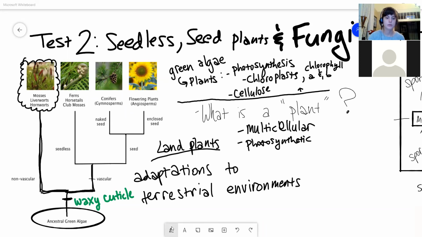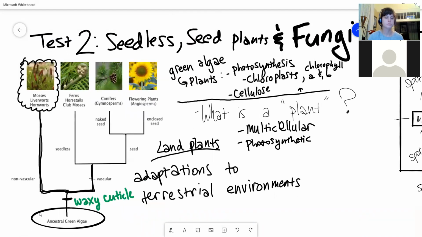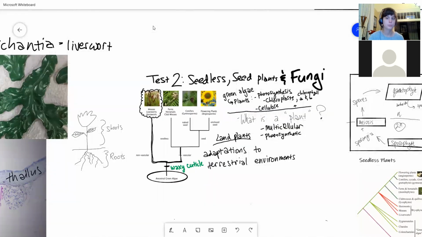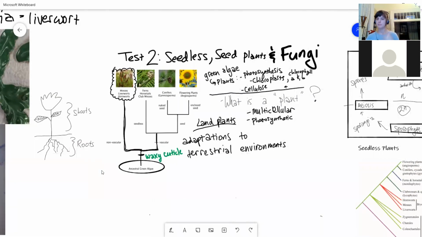So I'm just going to go over to my little roots and shoots image. Okay, so roots and shoots. This could not exist without vascular tissue.